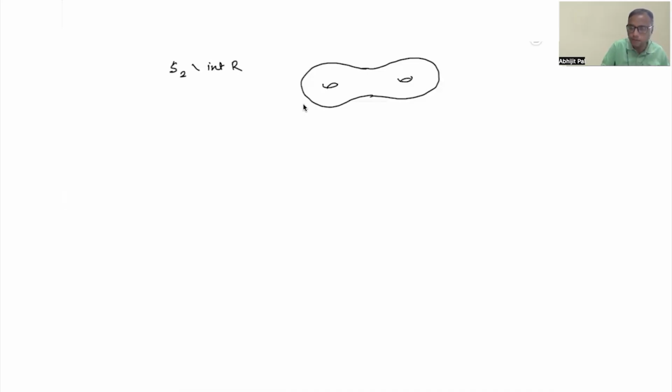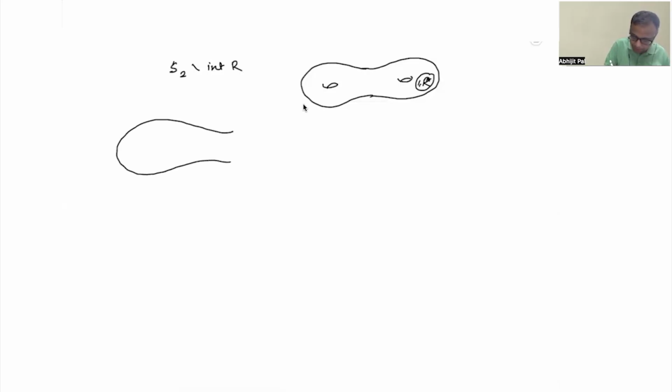If I take S2 minus the interior of some R, so take the interior of R and remove it from S2, what will I get?